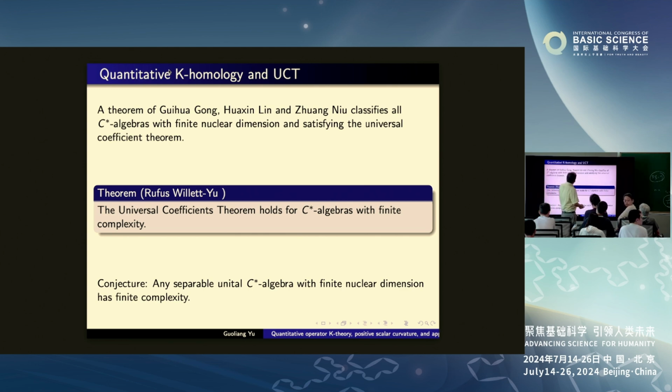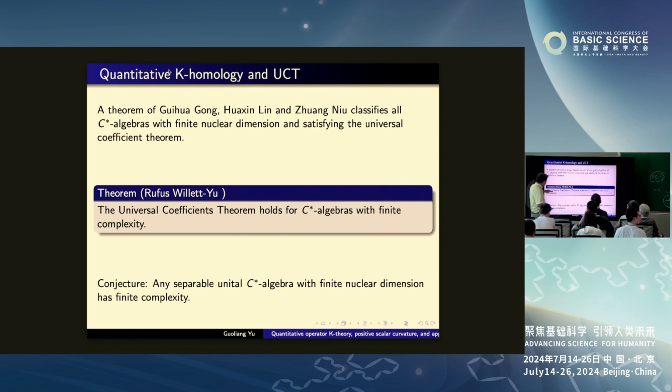Of course, without some nuclear condition, it's essentially impossible to classify, so this is essentially the best one can do. But now the big task is to verify the universal coefficient theorem. This is what Rufus and I were able to do using quantitative K-homology theory.